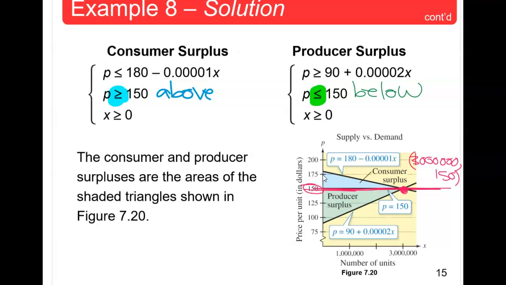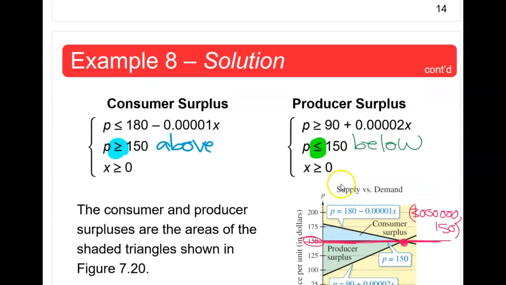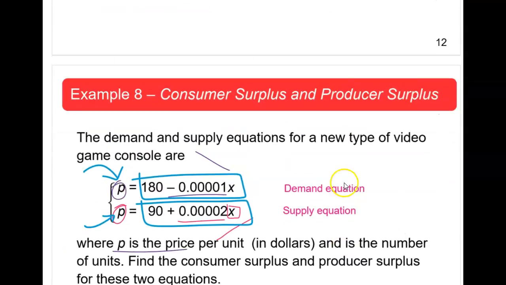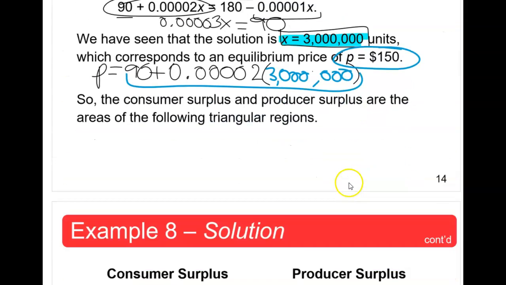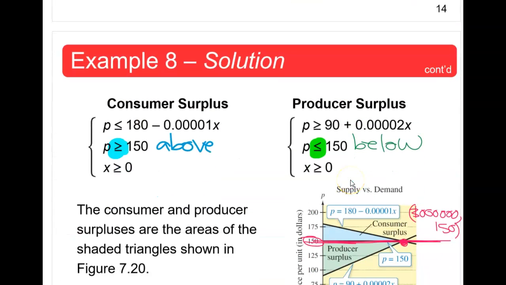Now for the demand equation, that's the one with the 180. Sorry, I forgot the name, so I needed to go back up. Here, this one here. Well, that's the inequality.